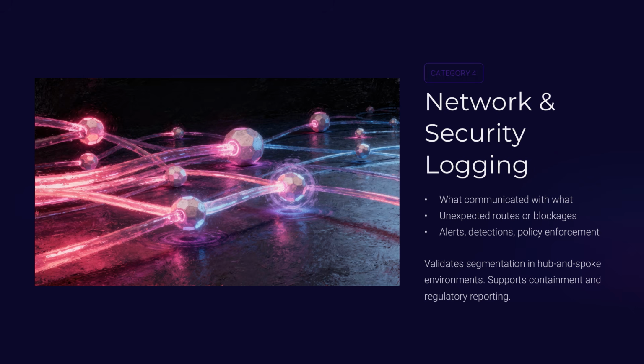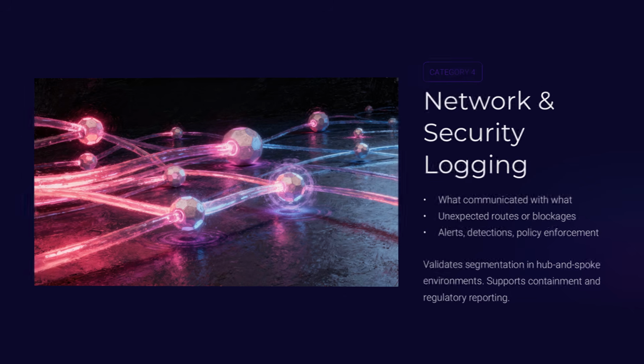Security logs reveal alerts, detections, and policy enforcement outcomes that indicate threat activity. Leaders care because network evidence supports containment decisions and regulatory reporting. Architects care because network logging validates segmentation and routing design, especially in hub and spoke environments where misrouted traffic can cause both risk and outages.